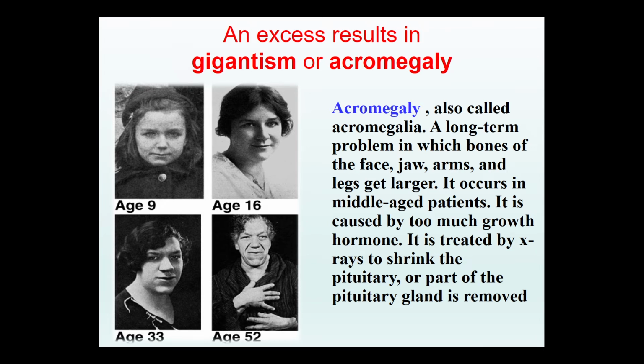features. See here, absolutely normal in the young, and what happened with this patient, this woman, when suddenly, usually in adults after 16 years old, an increase of growth hormone production happened.